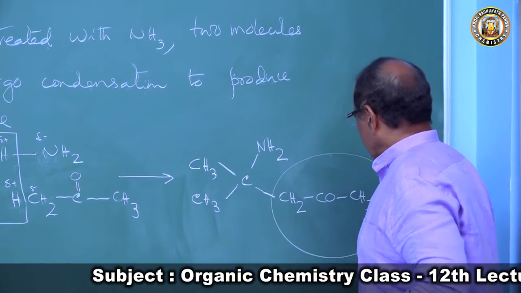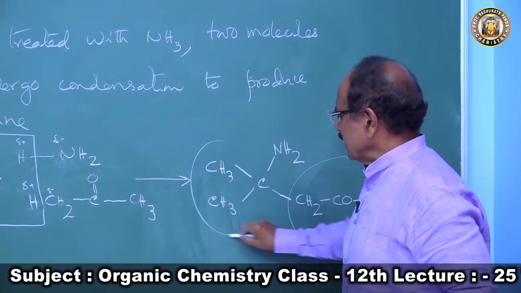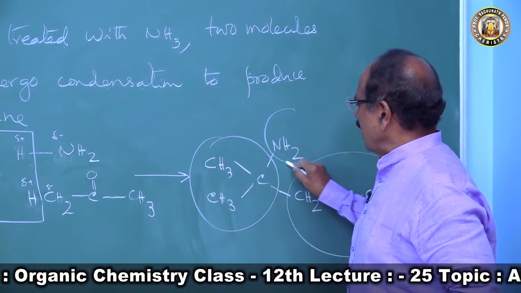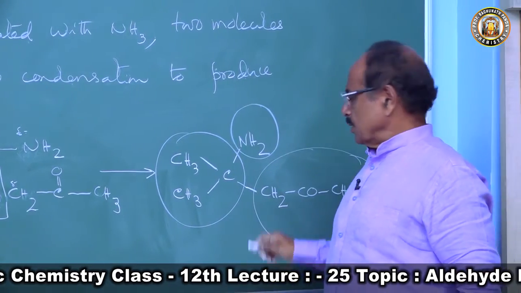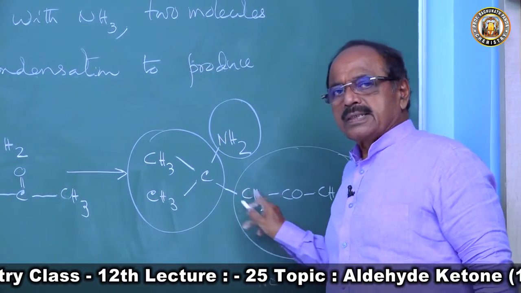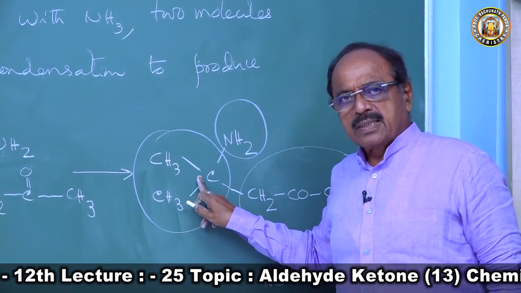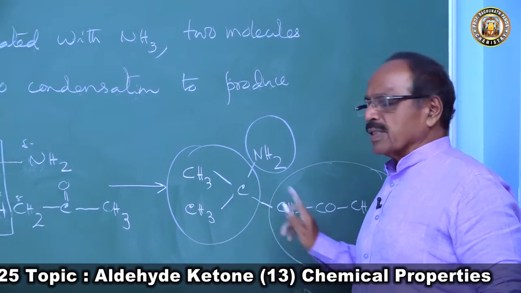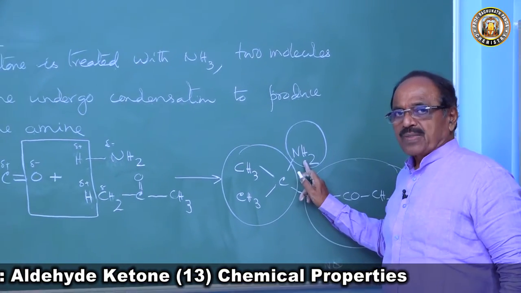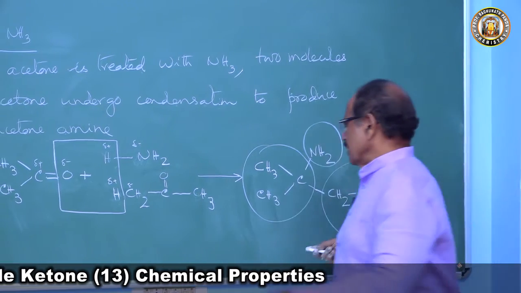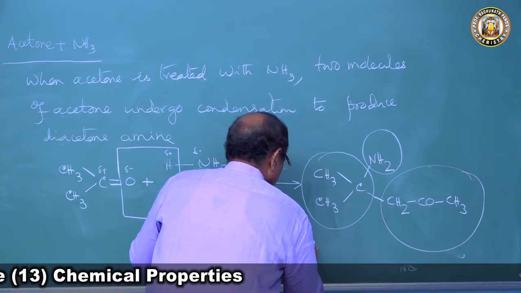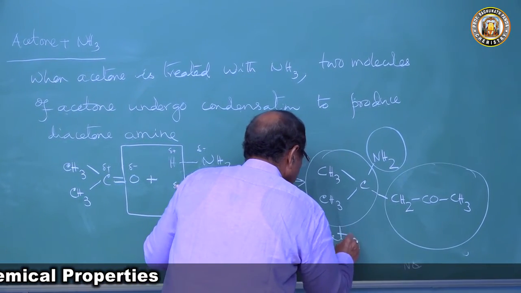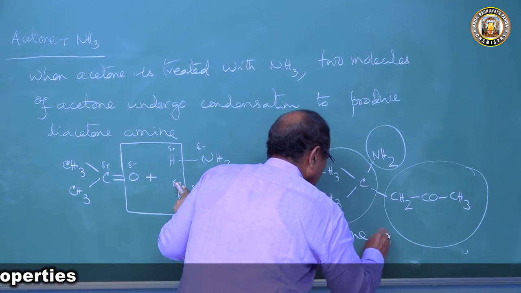This is one acetone molecule, this is another acetone molecule, and this is amine. So acetone, acetone, amine: diacetone amine. So this forms diacetone amine.